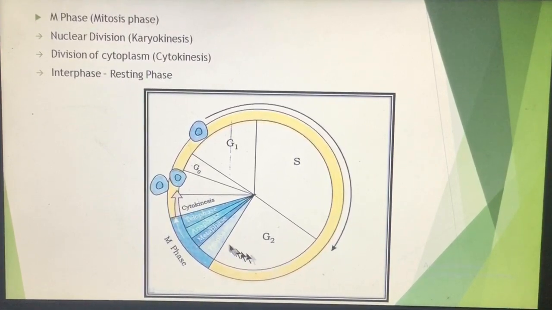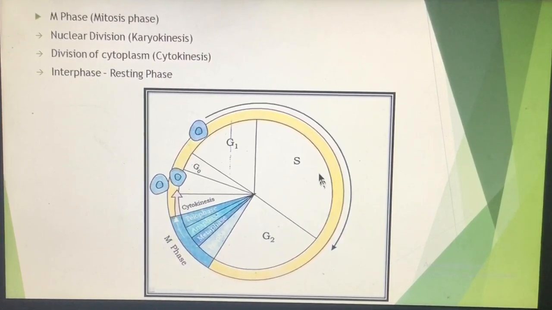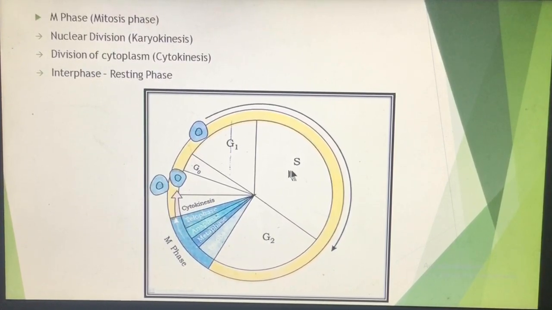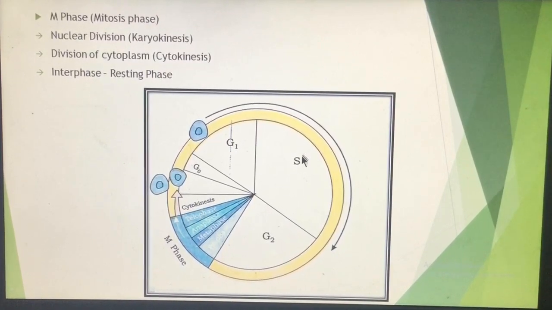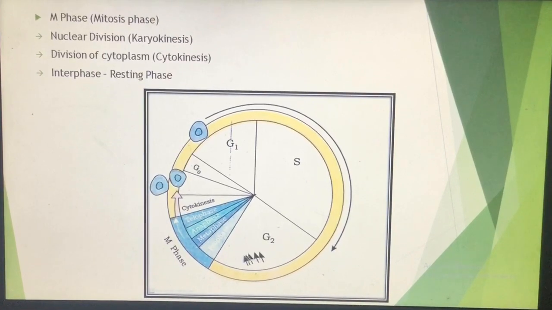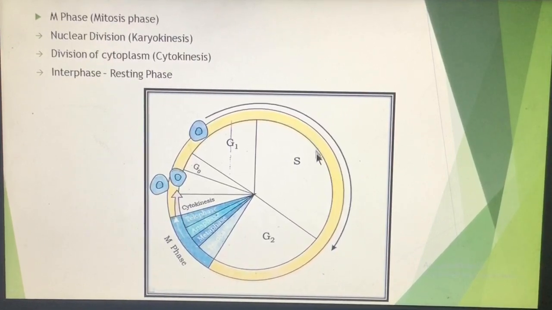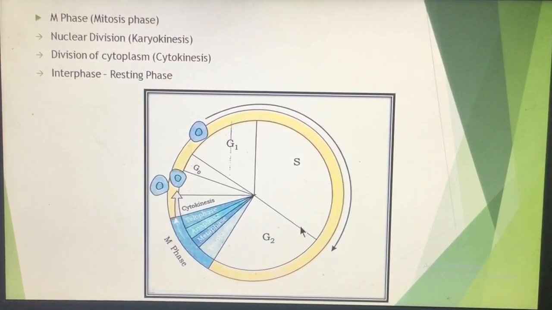This is the total cell cycle, and the G1 phase, S phase and the G2 phase, these are the three phases of interphase. और इन तीन phases में भी जो S phase है, that is the synthetic phase, the duration of this is maximum. You can say G1 phase जो है वो सबसे छोटा है, G2 phase उससे थोड़ा बड़ा है, whereas the S phase जो है synthetic phase, the duration of which is very large.